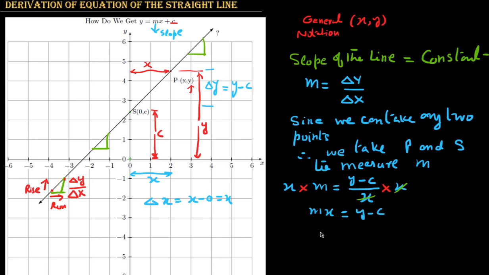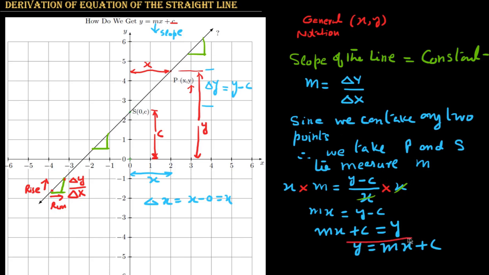Now bring c on this side, so mx plus c equals y. Or you can switch the position due to the commutative property. If a equals b, b equals a, and we have derived the equation of the straight line.